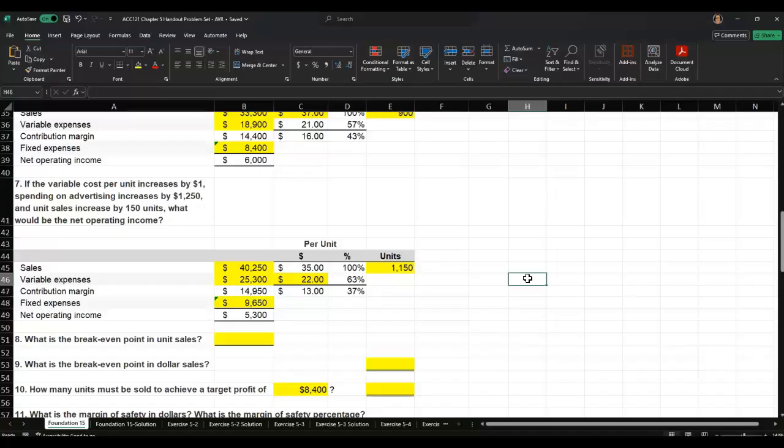So the increase in the advertising, that is actually going to sit down here in the fixed expenses. Now, keep in mind, when you're thinking about marketing dollars, if they gave you something along the lines of sales commissions increased by a certain dollar amount, best bet, that's going to be an increase in the variable expenses up here.